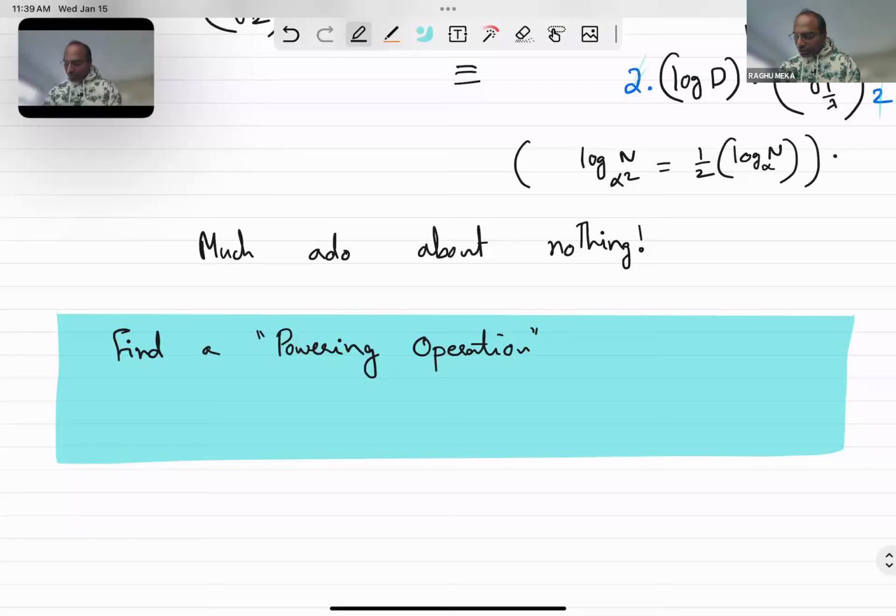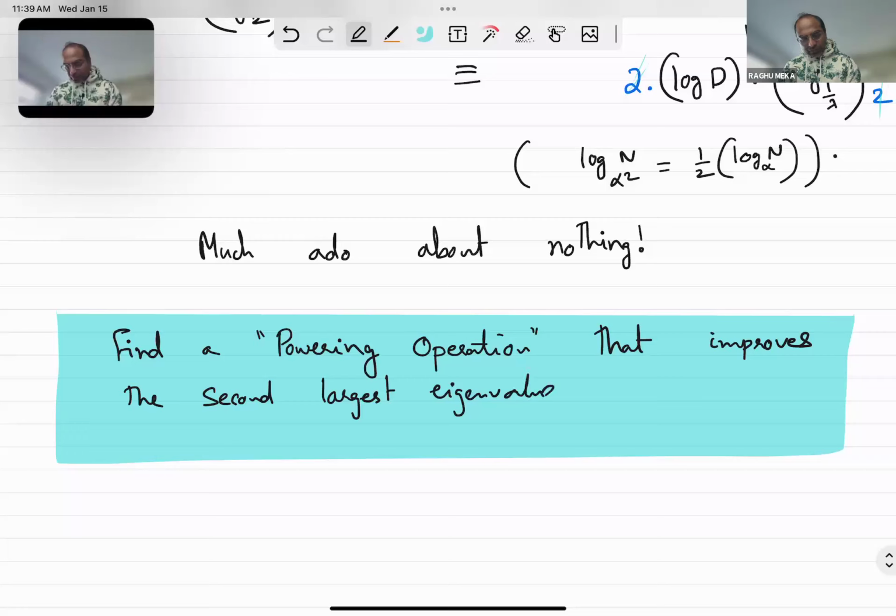Okay. So we need to find a powering operation that improves the second largest eigenvalue while not increasing the degree too much.